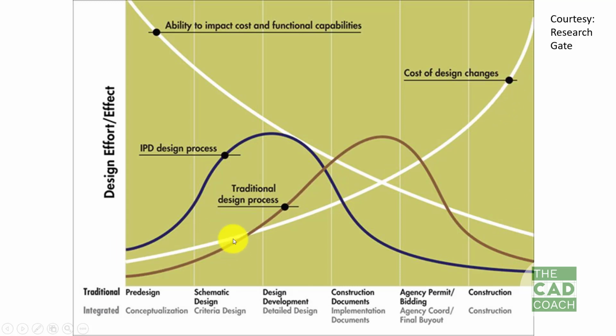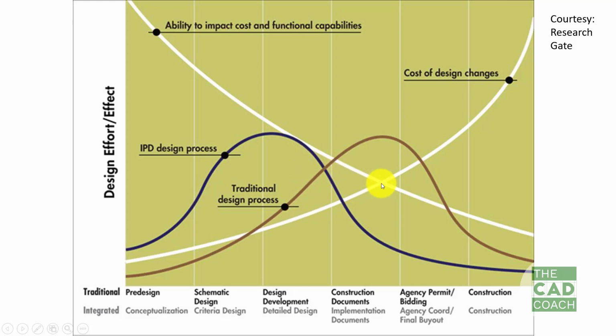And the beauty is the merging of these two curves. They merge in the construction documentation phase, or implementation documentation phase. Theoretically these two curves merge at this point. Before construction documentation, the cost of design change is low and the ability to impact cost is high.